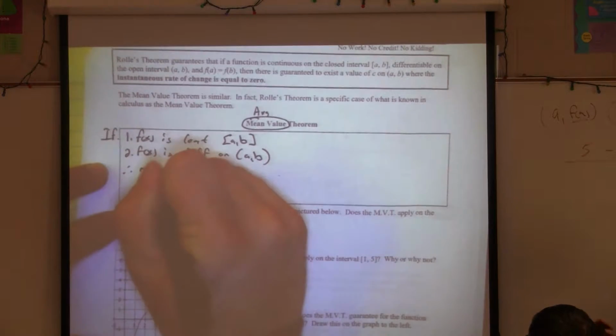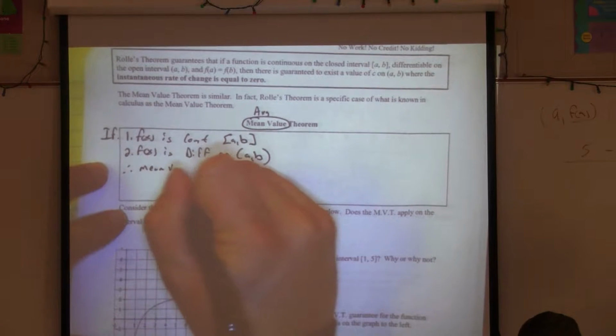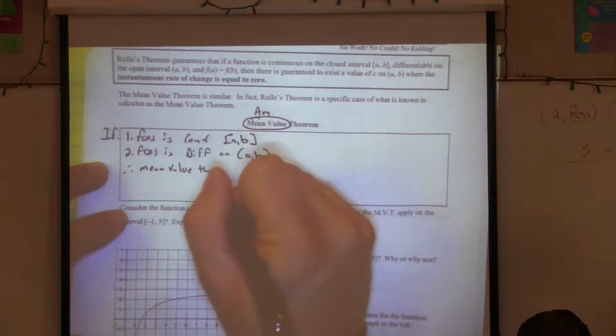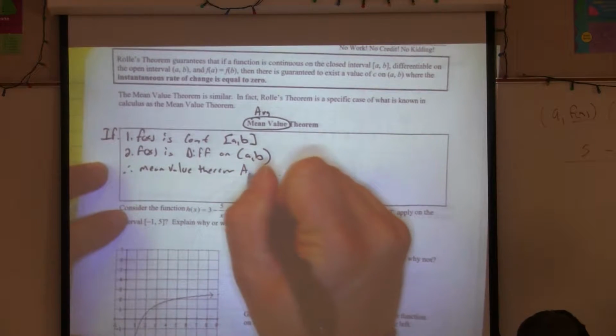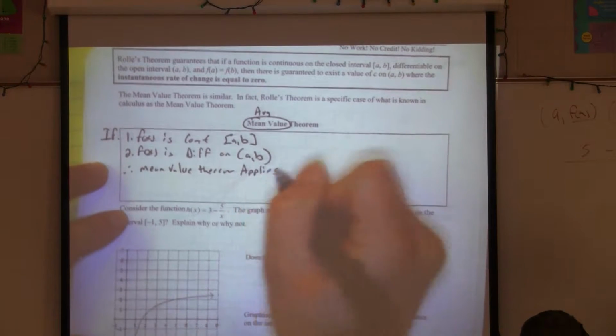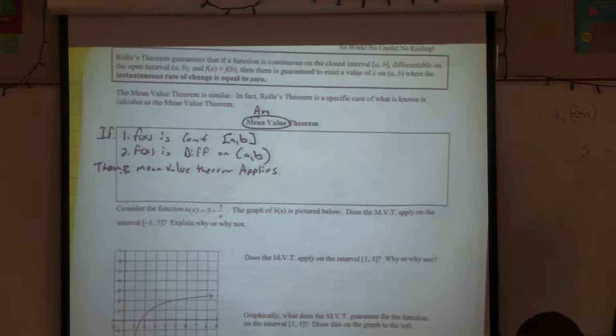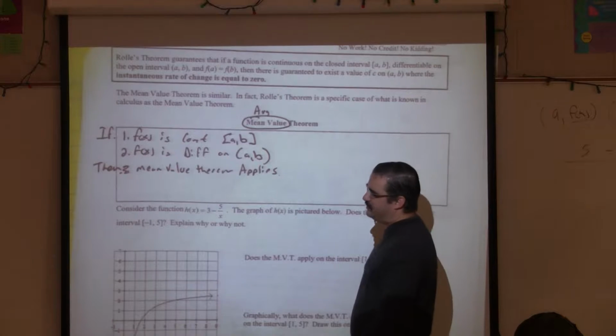Got it? So then, if those two things are true, then mean value theorem applies.